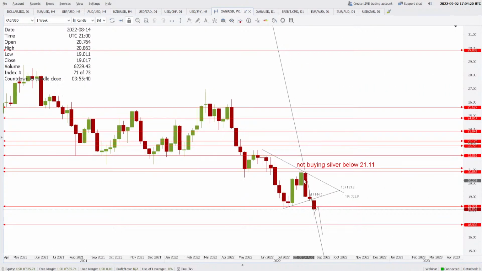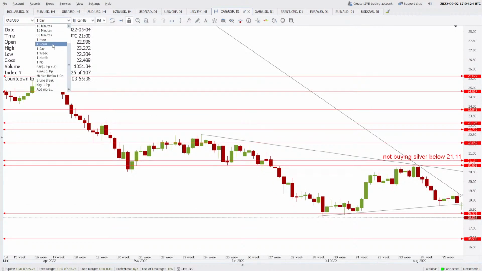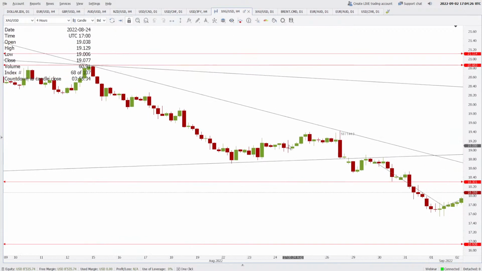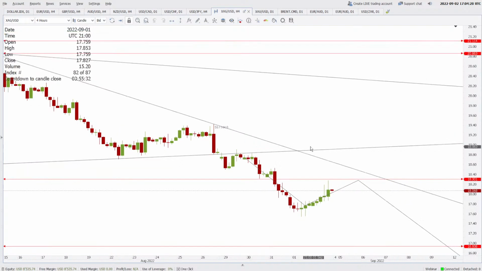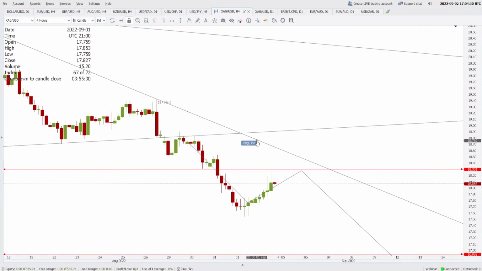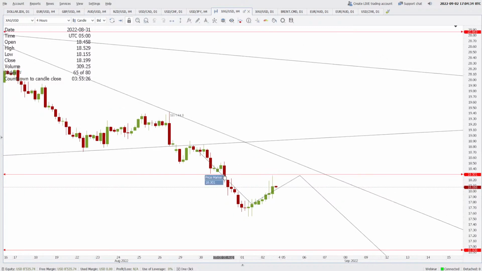Yeah, on weekly there is an engulfed pin bar, but on the 4 hour there is no engulfed pin bar, my friends. At least in the previous 10 bars there is none.